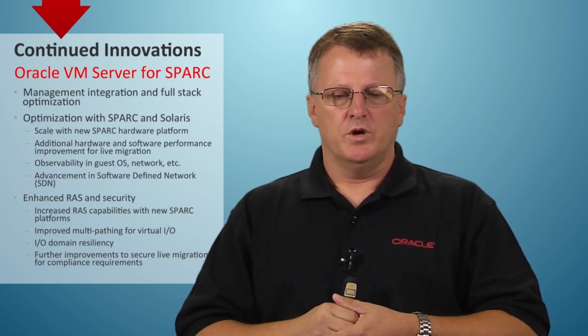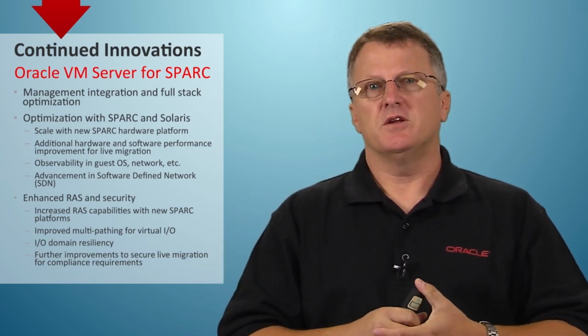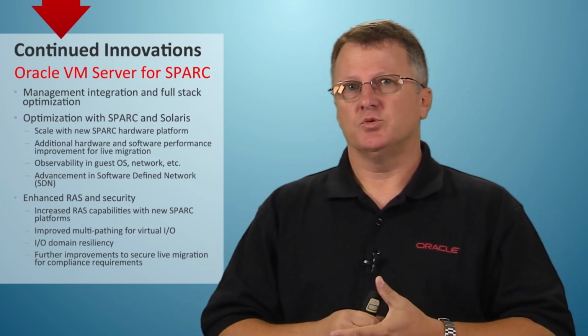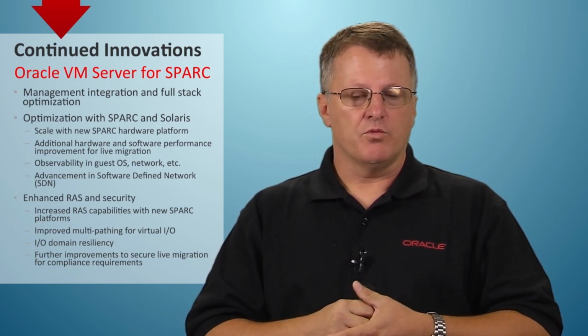And we will definitely be doing further integration with software-defined networking technology, such as the Elastic Virtual Switch in Solaris. We'll be increasing the overall RAS, scalability, and security of the system and the virtualized environment.